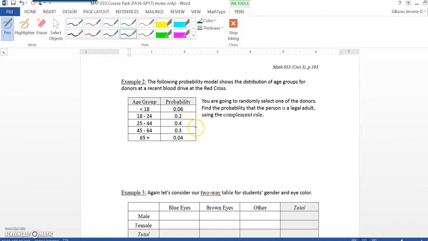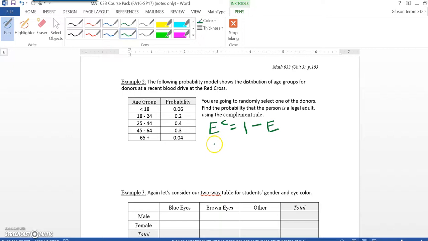Okay, so basically we have our age group, which is less than 18, and all the rest of them are 18 and over, which means they are adults. So to find the complement, we take the complement of E, and we would set it equal to 1 minus the event happening.